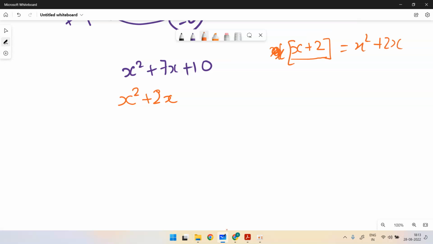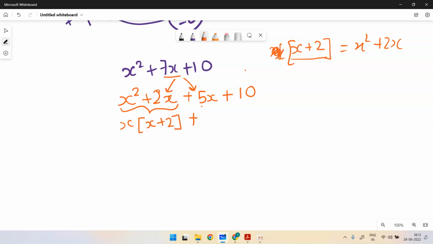Now the 2x has gone here, this is 7x, so the net 7x is distributed as 5x plus 10. Now you can take x common, x plus 2.